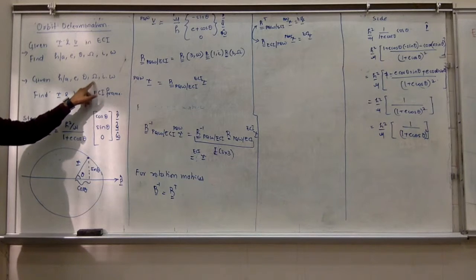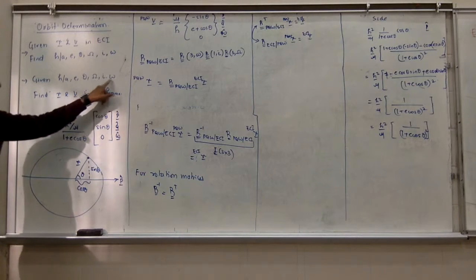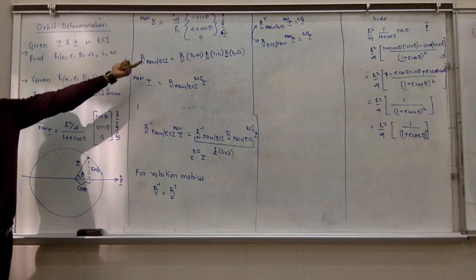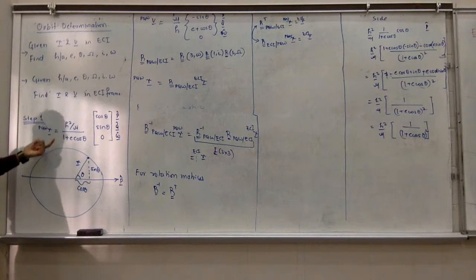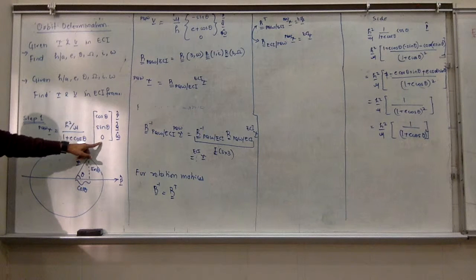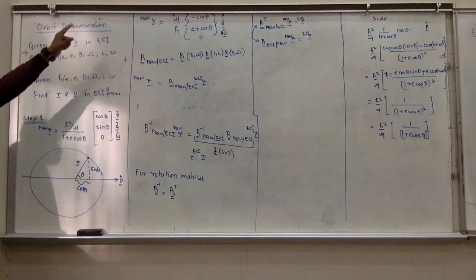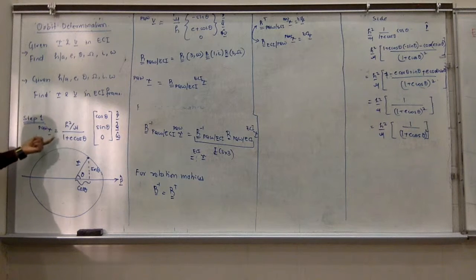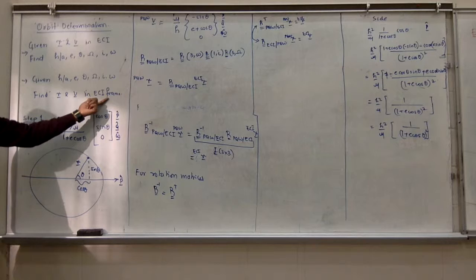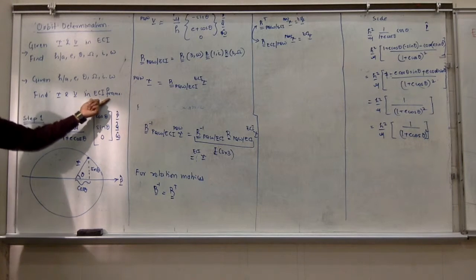Try to correlate this and this. If you are given this, you are given that matrix. Now, for R in the PQW frame there is a very simple relationship, which is cosine theta, sine theta, 0. Similarly for velocity. Once you get it in the PQW frame, you are being asked for the vector in the ECI frame. So how do you get the vector in the ECI frame?